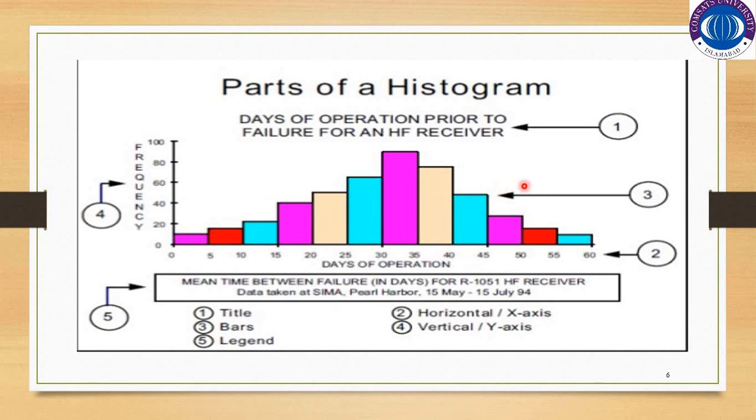And number 3 are the bars, whose height represents the frequency in a particular class. On the x-axis, we represent the classes. This one is the lower class limit and the upper class limit, likewise. So it's better to use class boundaries here on the x-axis and frequency on the y-axis.